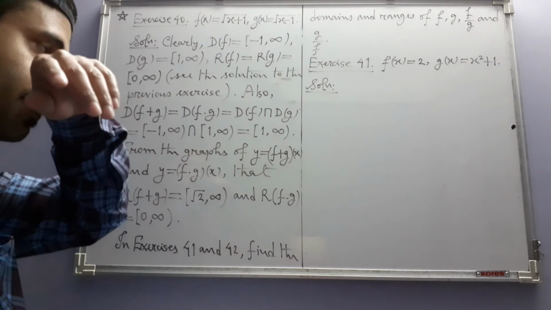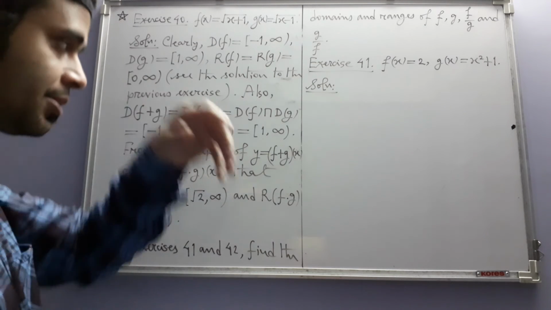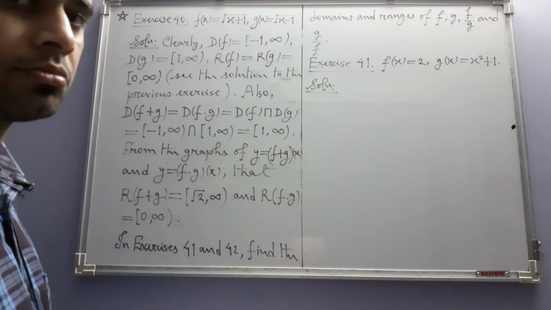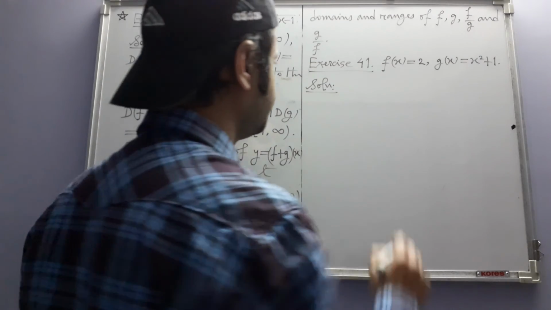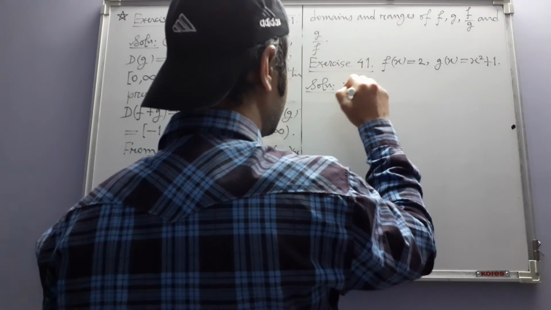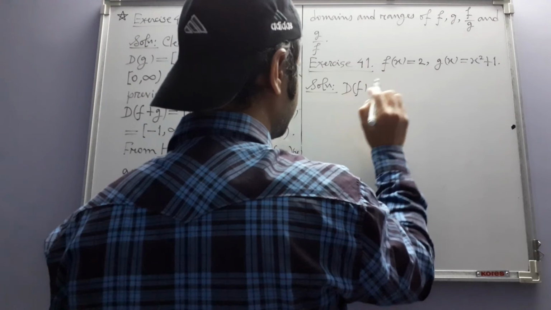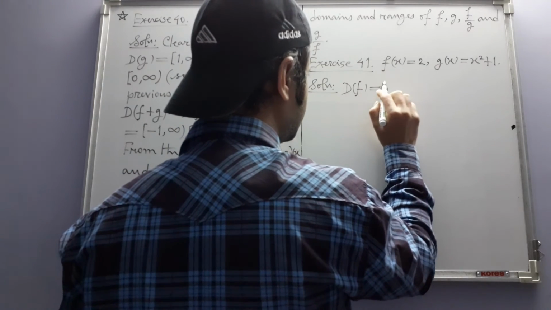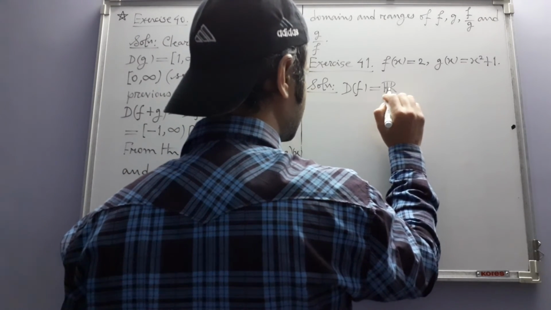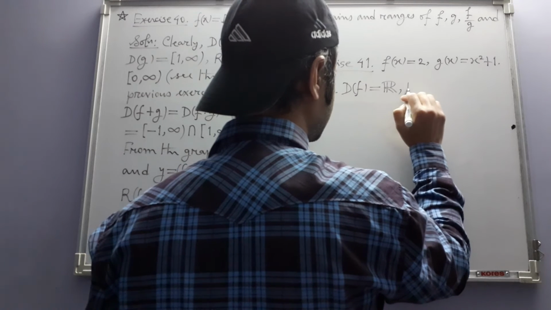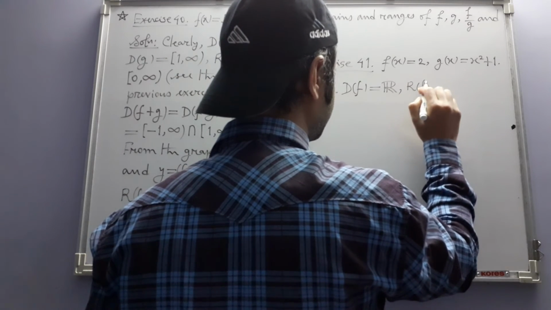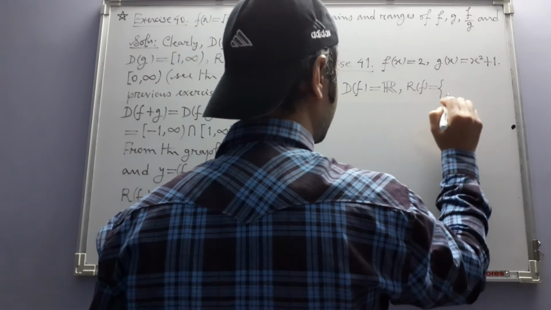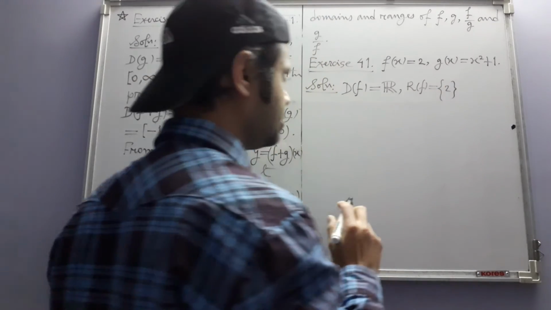You write the explanations and whatever argument you need to write. Domain of f, we can put any x here. So domain of f is the set of real numbers. Range of f in this case has only 2 because that is the only output.